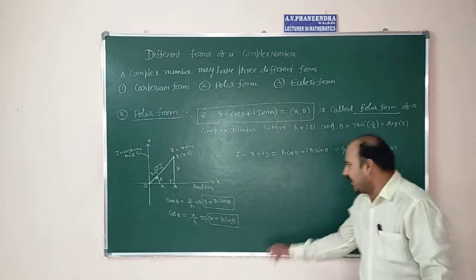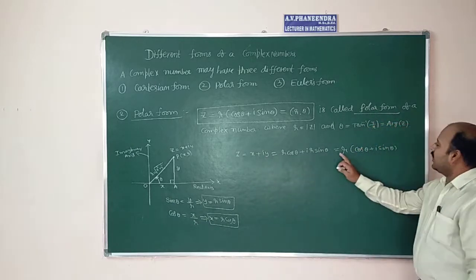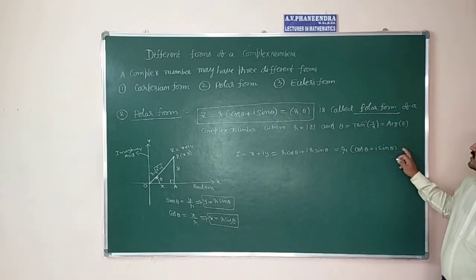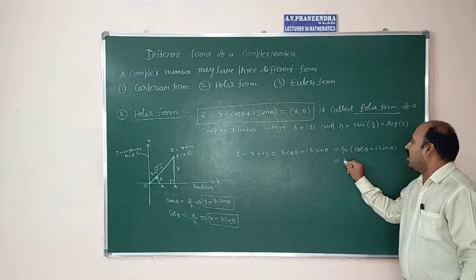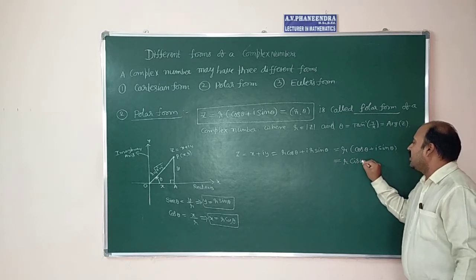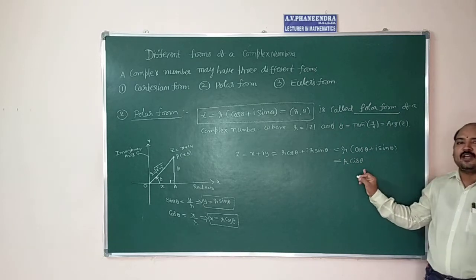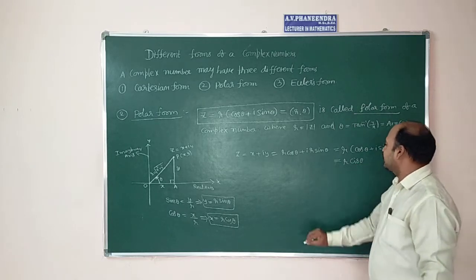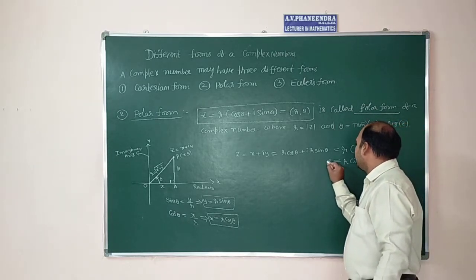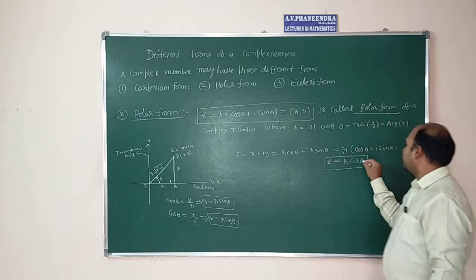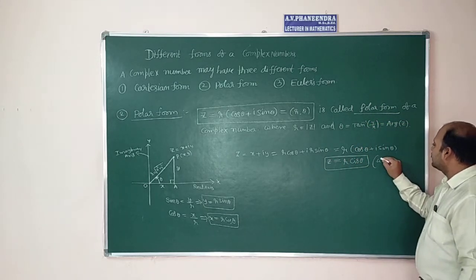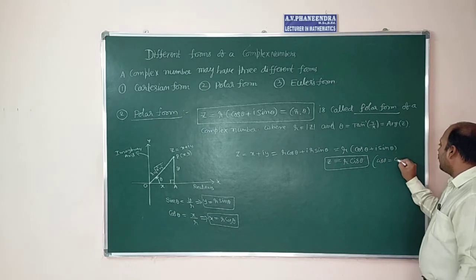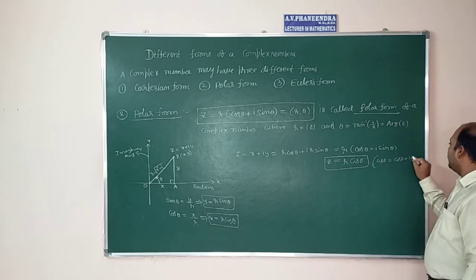This can also be written as z is equal to r into cis theta, where cis theta is equal to cos theta plus i sin theta.